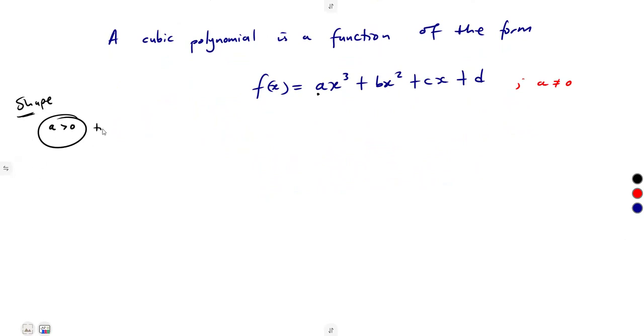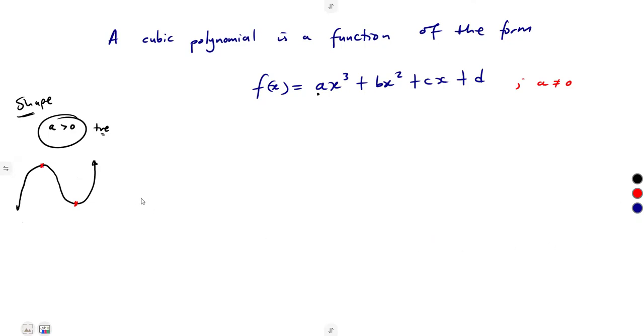When a is greater than 0, talking about positive values, we can have our cubic function like this. This is the shape that you're going to have of a cubic function for a greater than 0, where we have got two turning points, or stationary points.